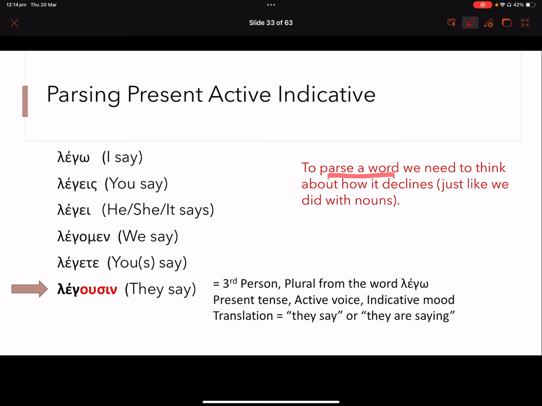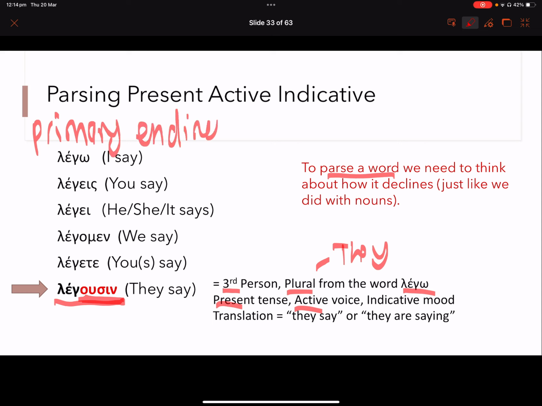So if I'm parsing this word, I could say that legusen comes from lego, meaning say or speak, that the usen on the end is telling me that it's third person plural, they, and that it's present tense and active voice, because remember, these are our primary endings. These are always used for the active voice, and they can only be present or future, but we're not doing future today, so we know they have to be present.